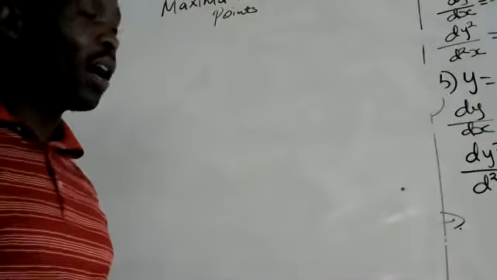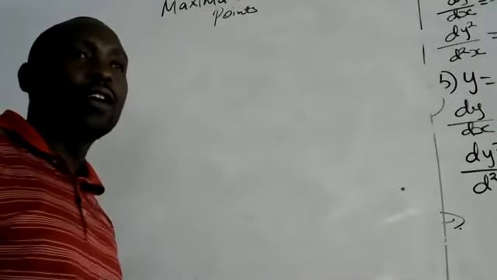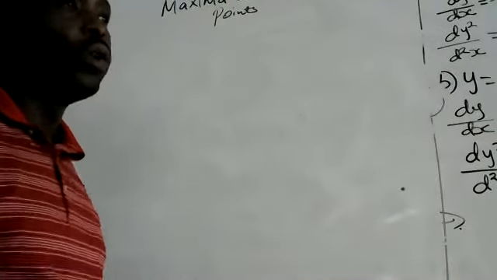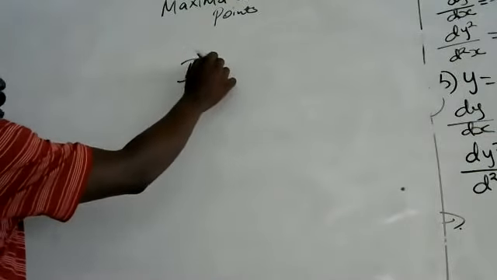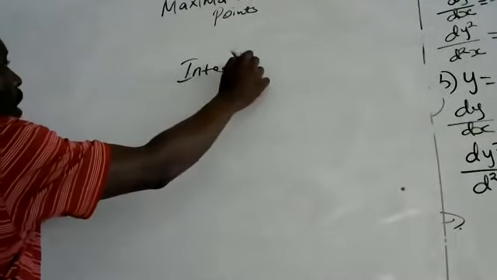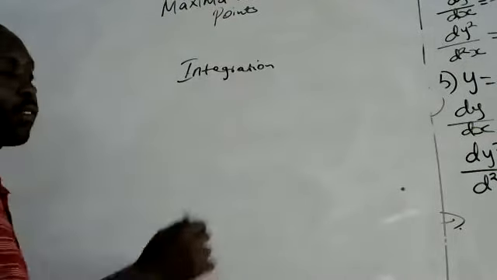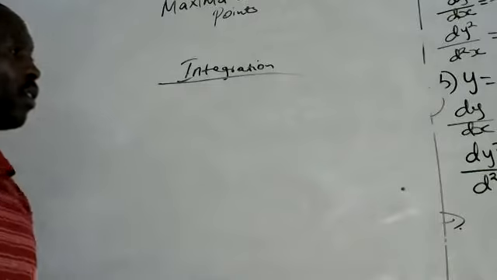Having noted that, we can go to the second type of calculus, which is integration. We can talk about integration for the next 10 minutes. We can talk about the integration of functions.